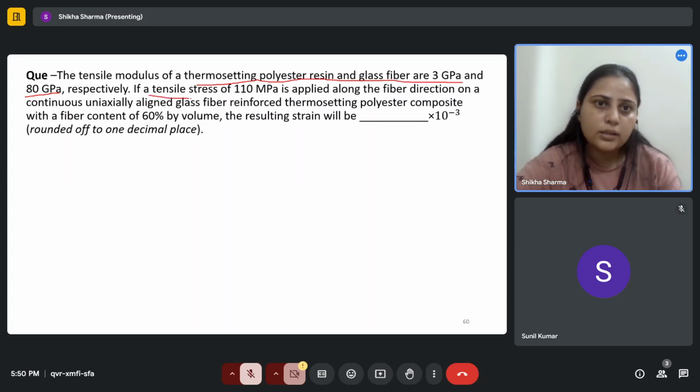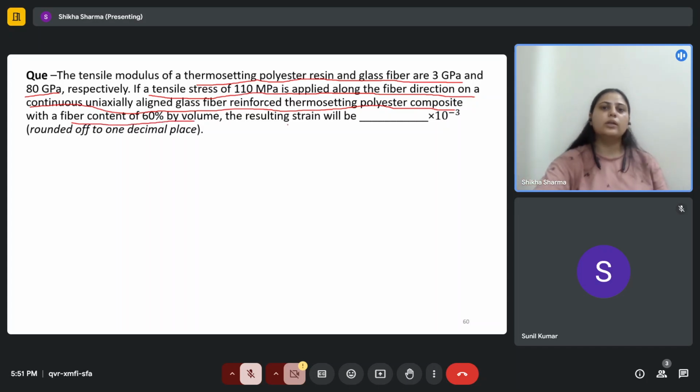And the tensile stress applied is 110 megapascal along the fiber direction on a continuous uniaxially aligned glass fiber reinforced thermosetting polyester composite with a fiber content of 60% by volume, so we need to calculate the resulting strain.